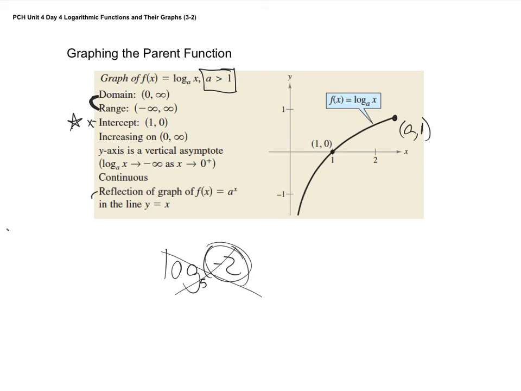Another thing here, just to reiterate, a reflection of the graph of f of x equals a to the x in the line y equals x. That's what tells us it is the inverse. A reflection across the line y equals x. It's the inverse. Okay? All right.